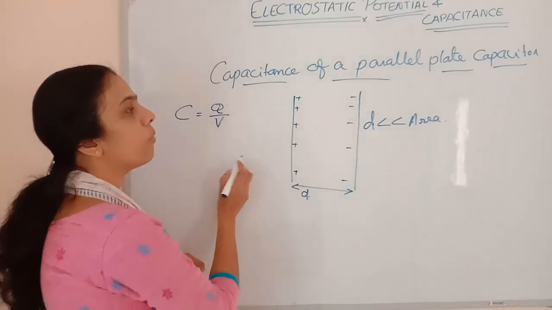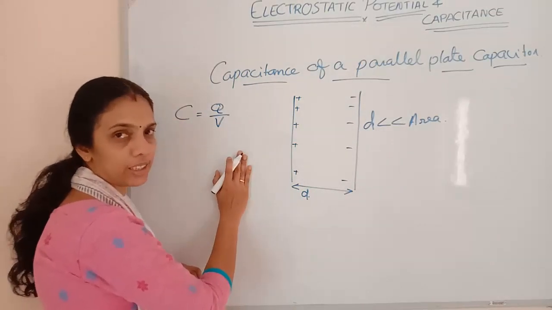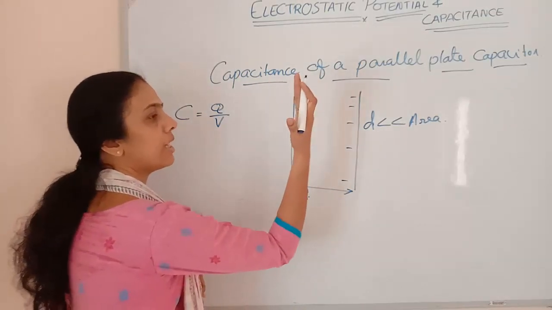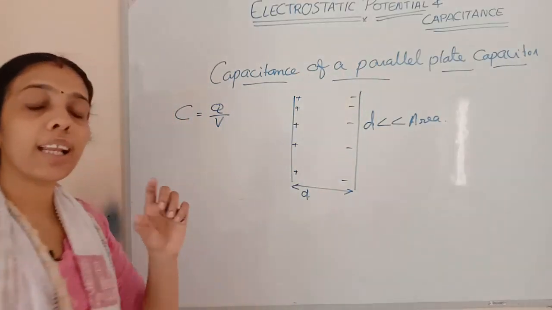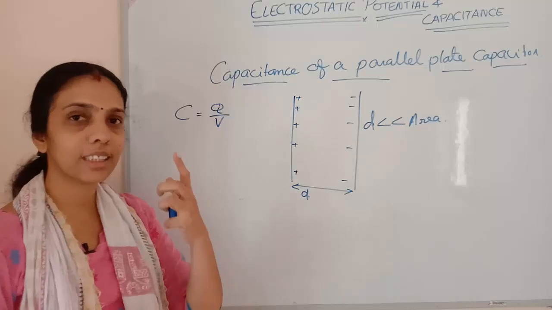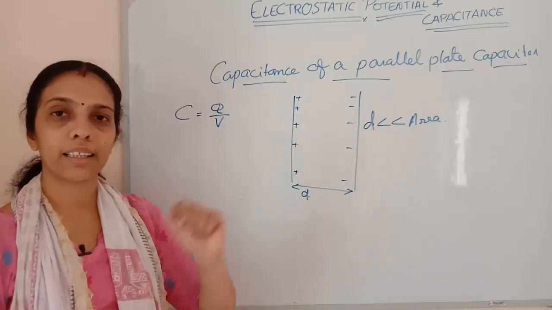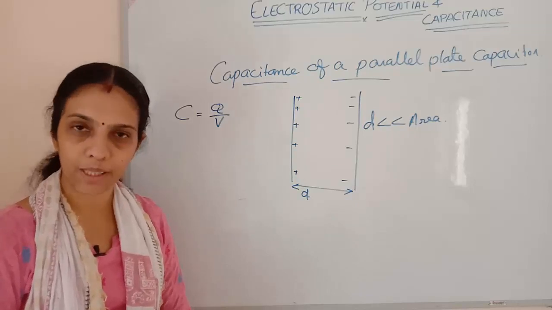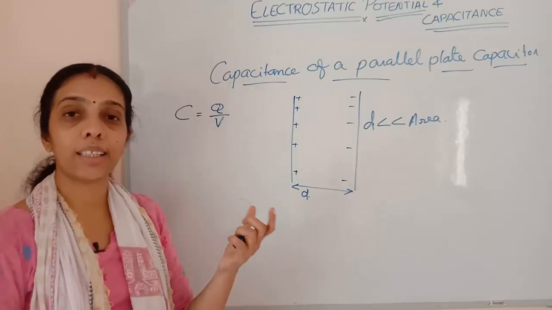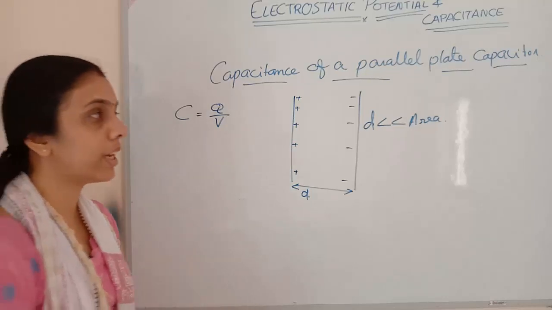Now, what will be the electric field of a plane sheet? This is one plane sheet and this is another plane sheet. The electric field of a plane sheet we already learned in the application of Gauss law. Closed integral E dot ds equals Q by epsilon 0, that is sigma ds divided by epsilon 0, equals E into 2A.